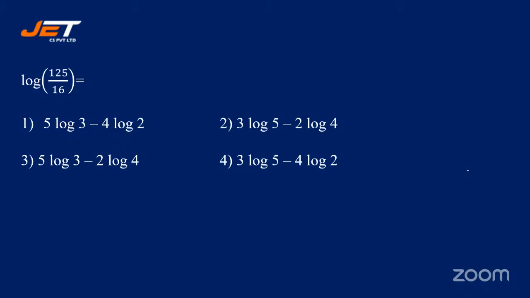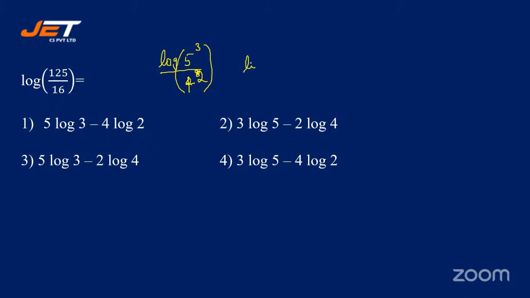Log of 125 by 16. So in log, division means subtraction, isn't it? So here you can write it as log 5 cube, 5 5s are 25, 25 into 5, 125, by 2 2s are 4, 4 2s are 8, 8 2s are 16. Or you can also write it as 4 square because they wanted only this.